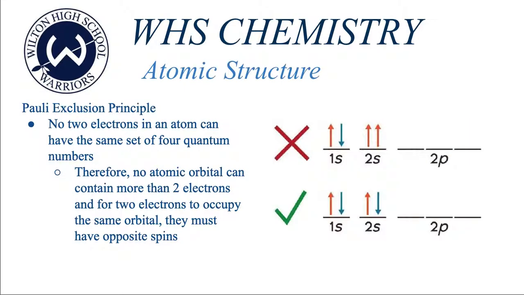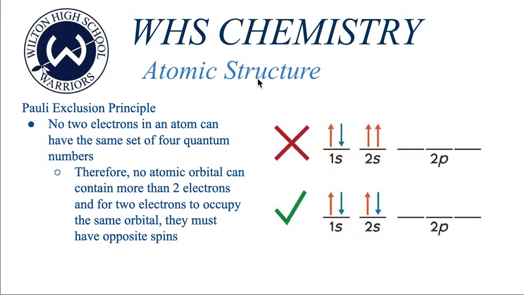Now we're going to talk about 2 important rules and principles. The Pauli exclusion principle is that no 2 electrons can have the same set of 4 quantum numbers. Therefore, no atomic orbital can contain more than 2 electrons, and for 2 electrons to occupy the same orbital, they must have opposite spins.